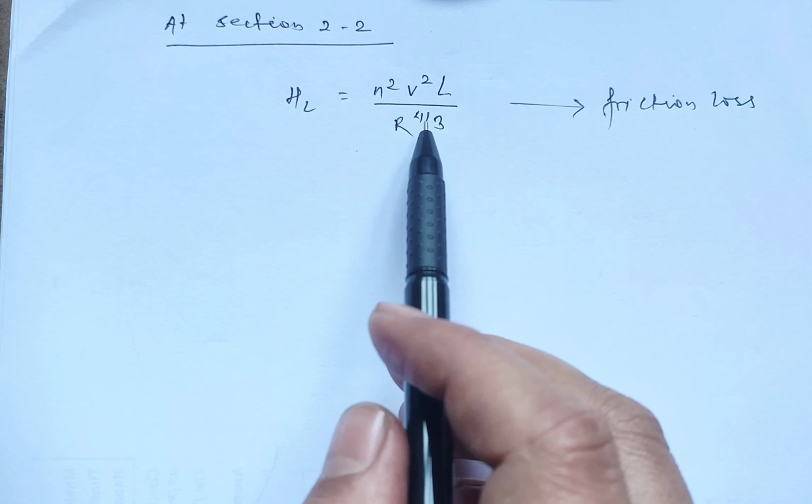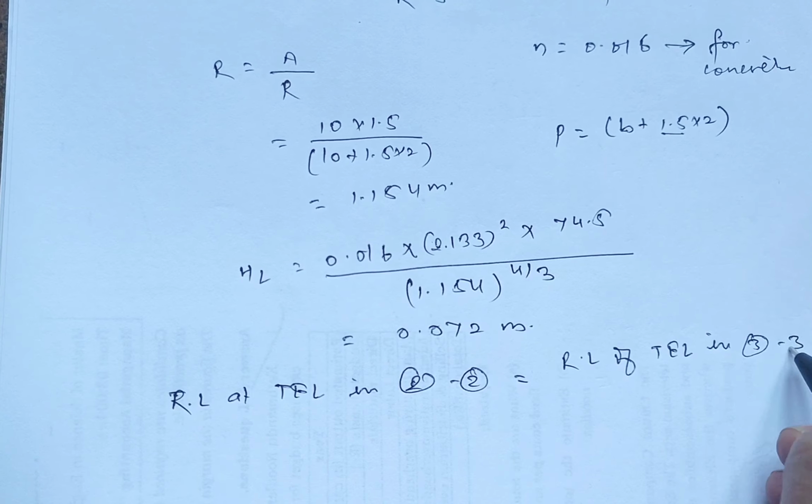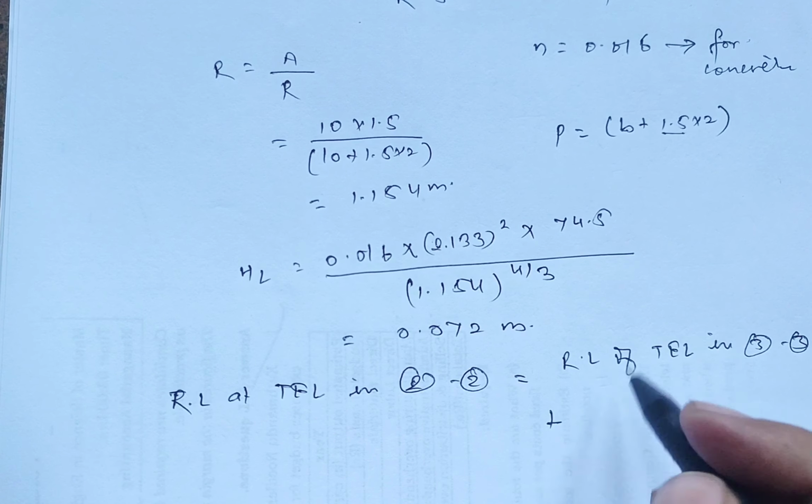In this step, we are calculating the levels from the top level, that is, first we will calculate the RL at TEL in section 2.2 equals RL of TEL in section 3.3 plus head loss in drop.